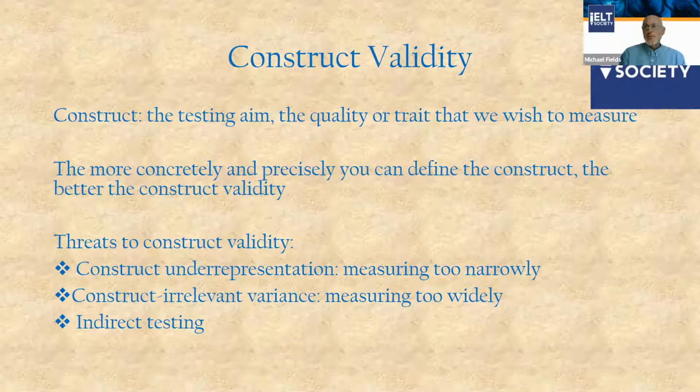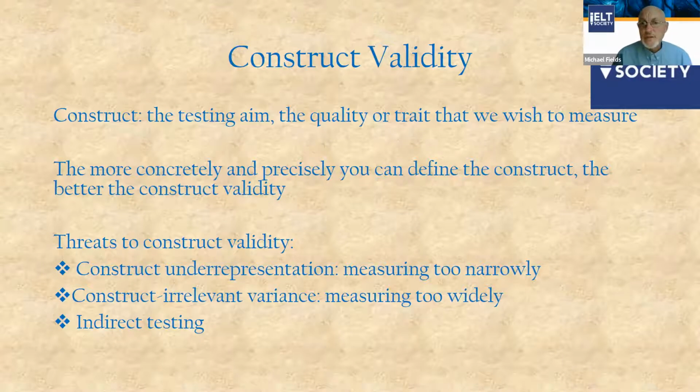So in other words, to what extent does our test match the construct that we have defined? And to the degree that we can concretely and precisely define the construct, we can increase our construct validity.